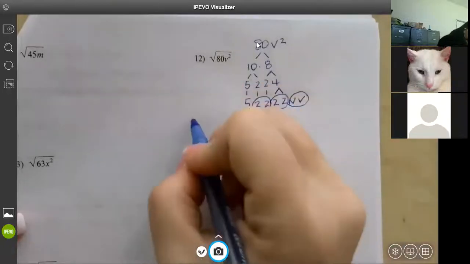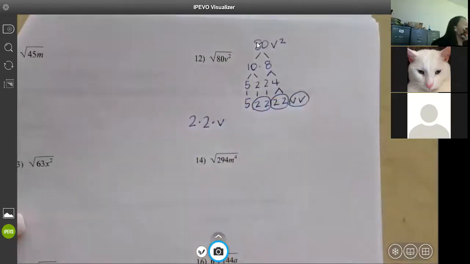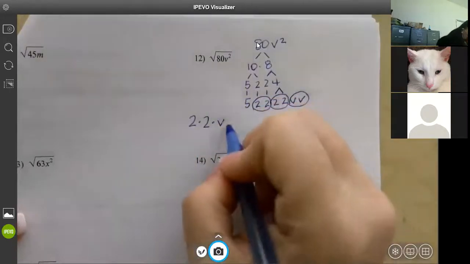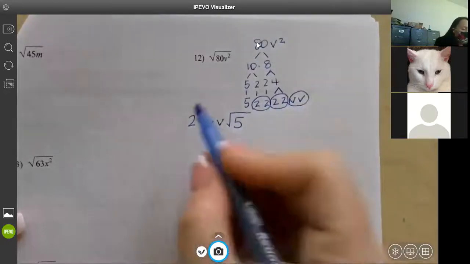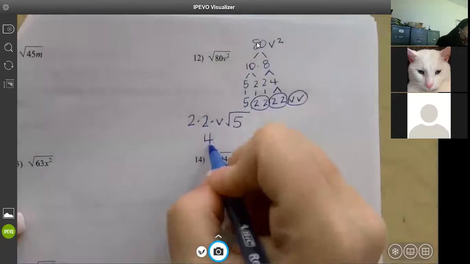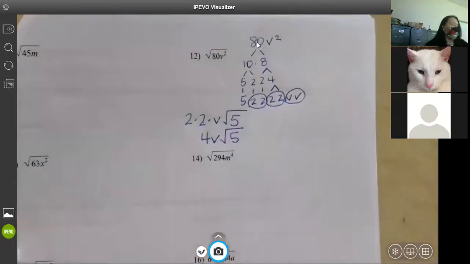What did I pull out? I circled a 2, and a pair of b's. What did I not circle? 5. We just multiply these and squish them together. 2 times 2 is 4, and put that b with it, and then square root of 5. If you don't circle it, you don't pull it out.